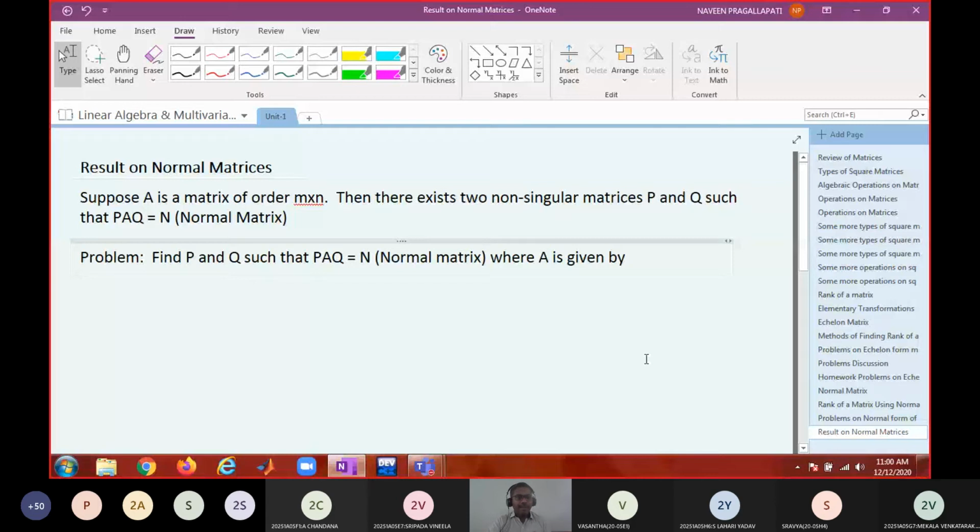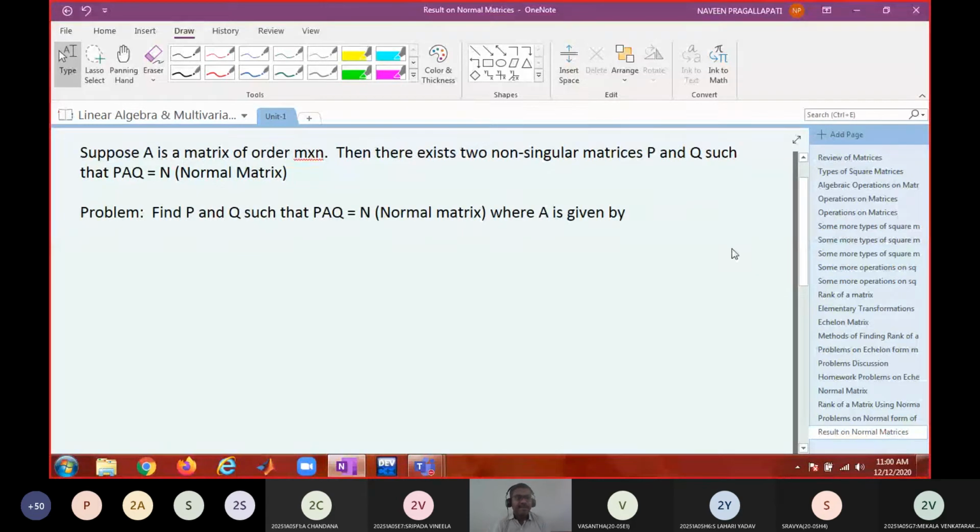Now we'll take one such matrix where A equals.